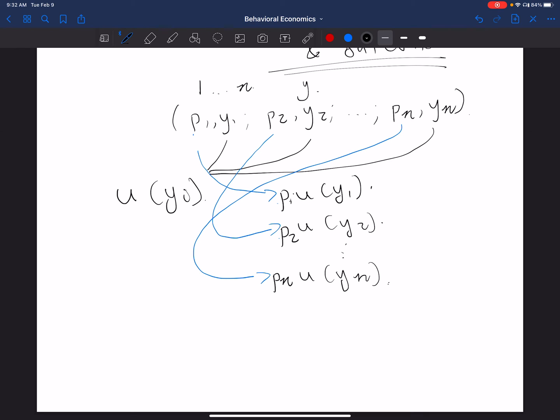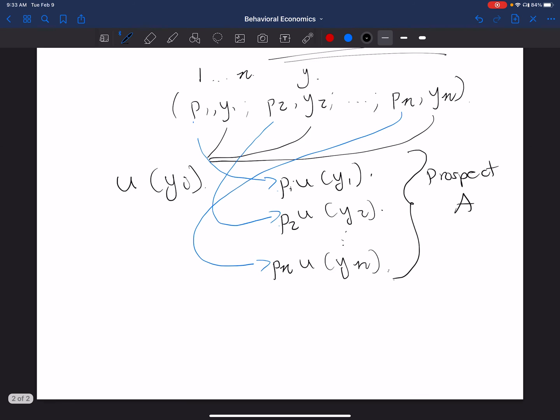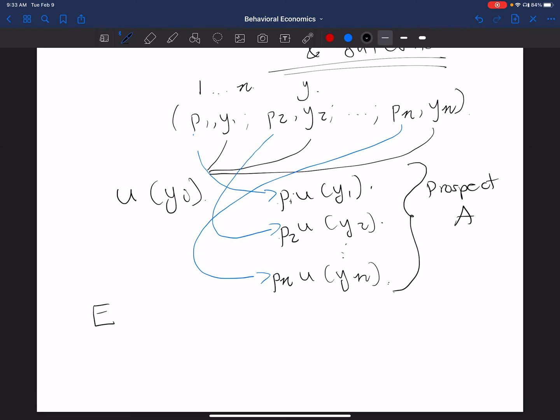If we call this whole prospect prospect A, the expected utility of prospect A is equal to the sum from i equals 1 to n of the probability of each outcome multiplied by the utility that I derive from each of those outcomes. So I take the probability, multiply it by the utility of that outcome, and sum all of those together.